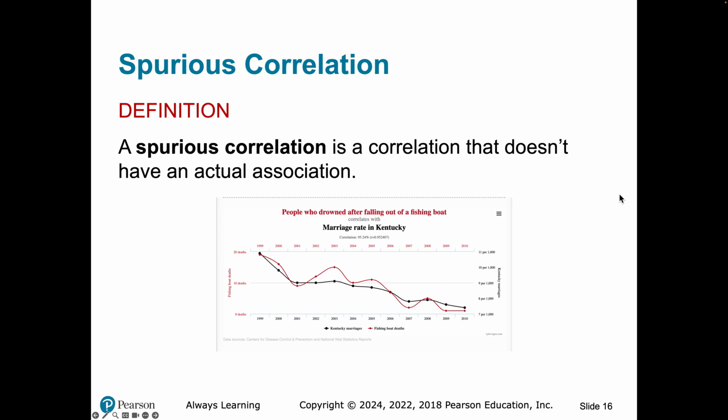Now, spurious correlation. A spurious correlation is a correlation that actually calculates out to have a really high r value, but it just doesn't mean anything in terms of having an actual association. I'm from Kentucky, so I'll pick on Kentucky a little bit. If you look at one variable, people who drowned after falling out of a fishing boat, it actually highly correlates with the marriage rate in Kentucky.